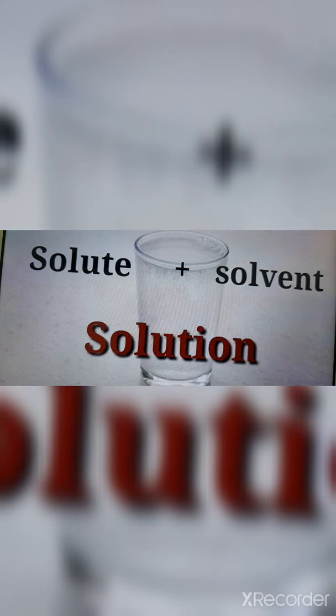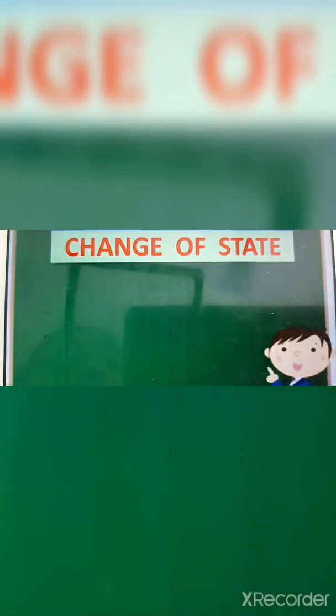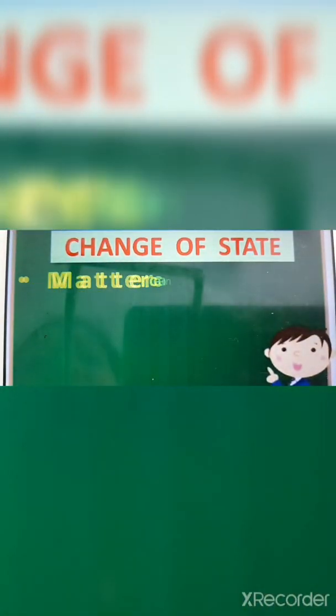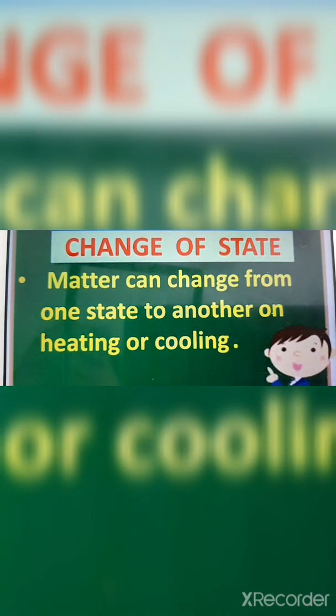Let's move on to another topic. So children, the topic is physical and chemical change. And you know, there are three states of matter: solid, liquid and gas. So, change of state: matter can change from one state to another on heating or cooling.